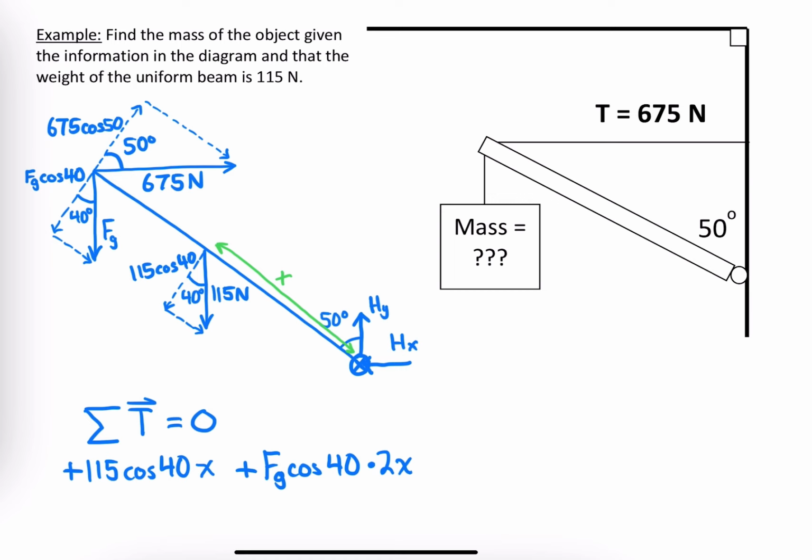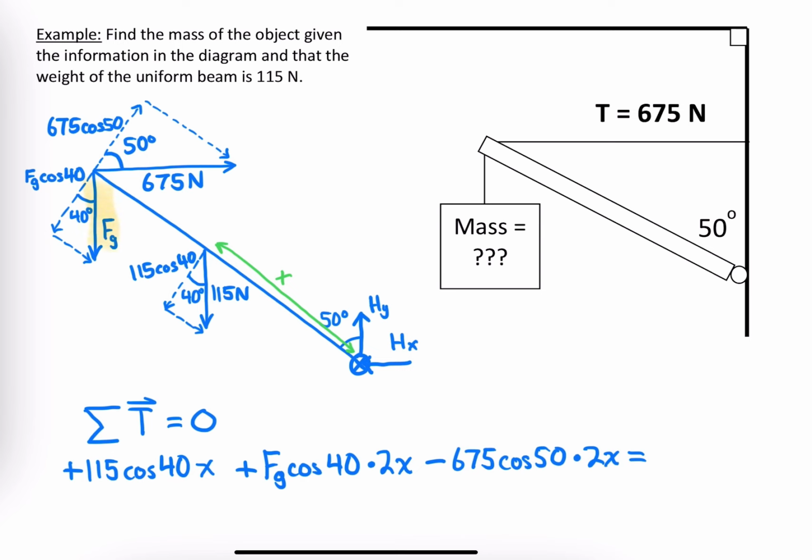And then I've got a negative torque from 675 cos 50, and that's also at a distance of 2x from my rotation point. And those are all the forces that'll create any torque.